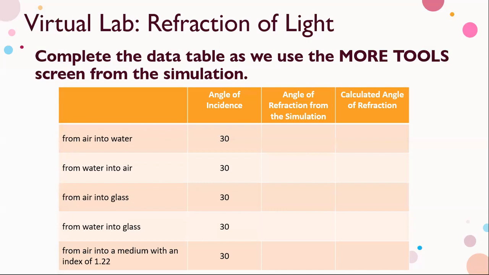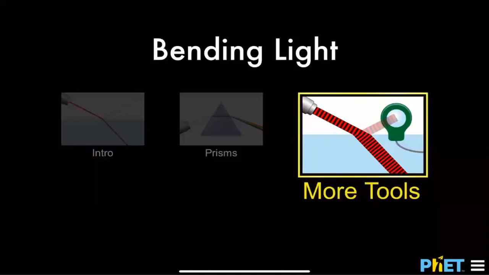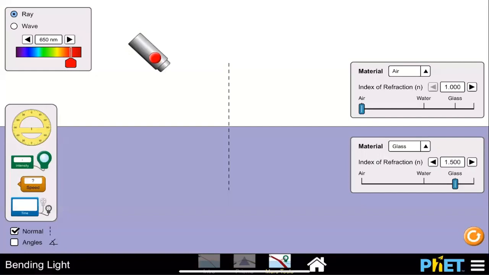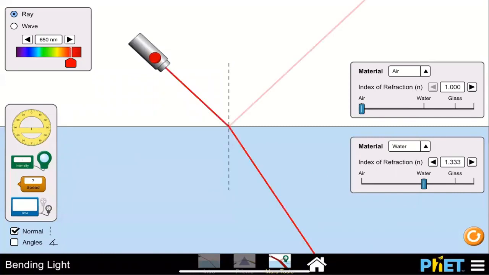So let us start our simulation. We're going to click on more tools. So I have here materials with air and glass. Here we can also click on the angles, so we can identify clearly what will be the angle of incidence, the angle of refraction, and the angle of reflection, if there are angles of reflection.